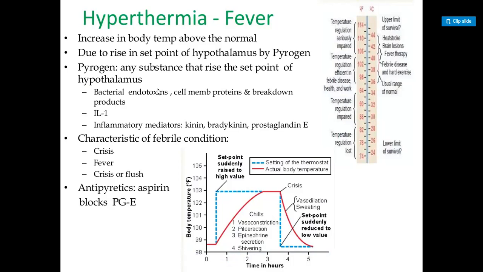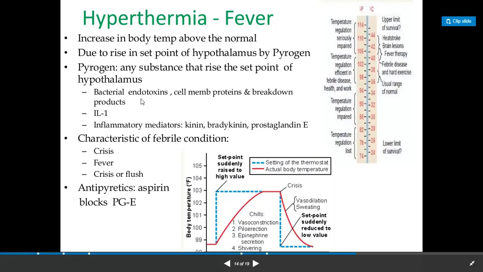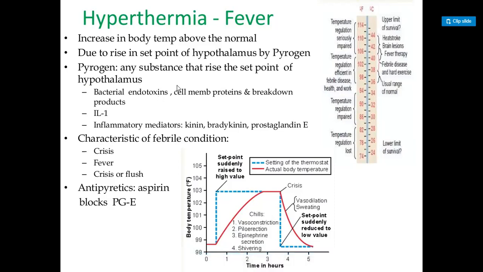What is this new substance in the blood? So your body wants to act to destroy that substance, and that increases your metabolic rate and increases your temperature also. And sometimes that high temperature is needed to deal with the bacteria. Okay, so bacterial endotoxins can increase your temperature and act as pyrogens.